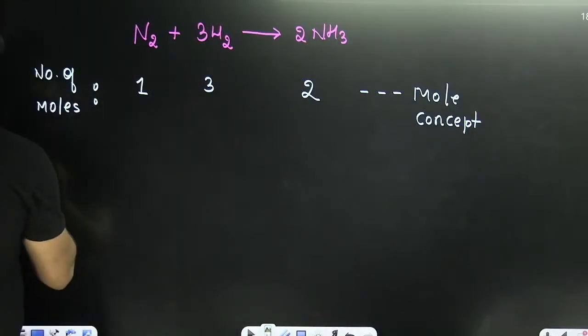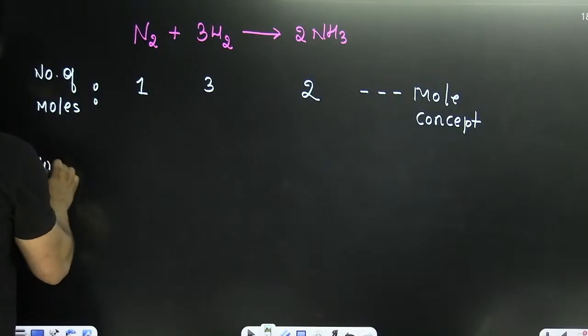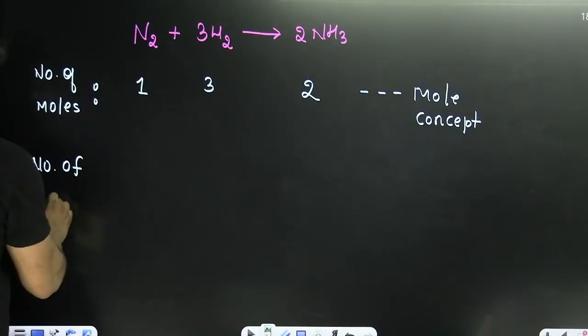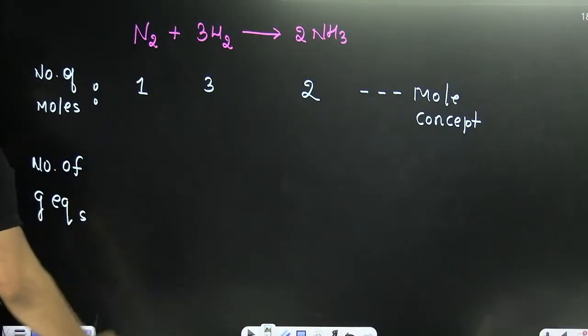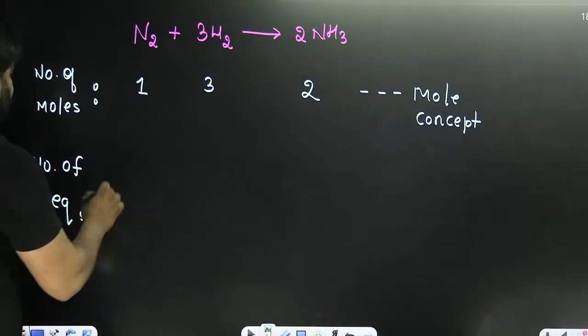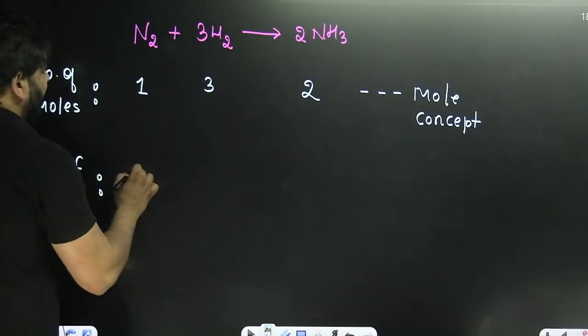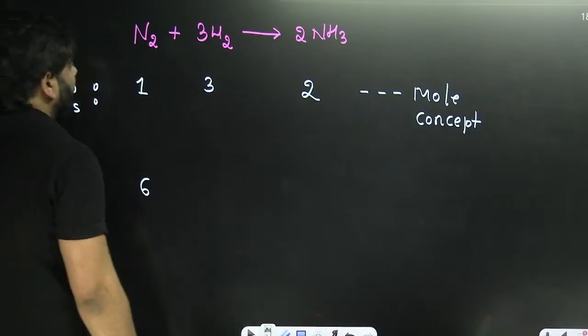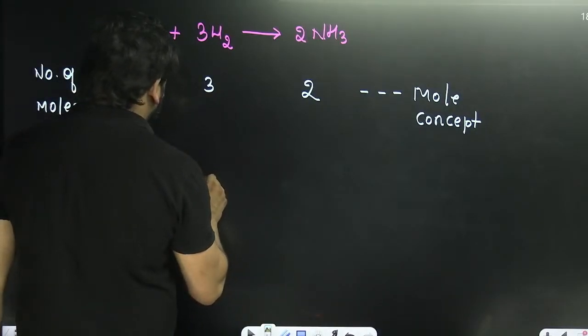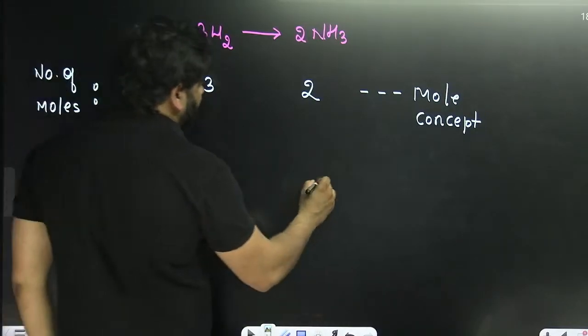Then we have another important parameter called number of gram equivalents, EQ. This has a gram equivalent of 6, and this also has a gram equivalent of 6.